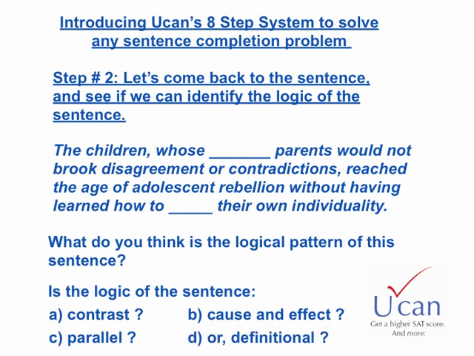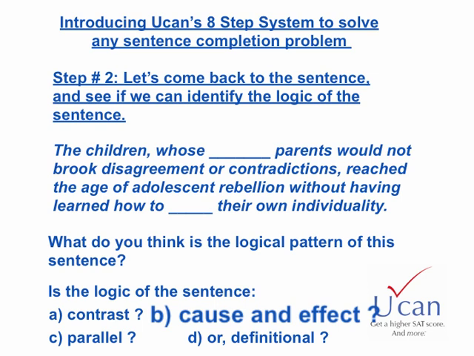Well, if you view this sentence as having basically a cause and effect relationship, you are absolutely correct. Basically, the first clause here deals with the cause. We, by the way, could have added the word, say, because these children whose blank parents will not brook disagreement or contradictions, that's the cause.